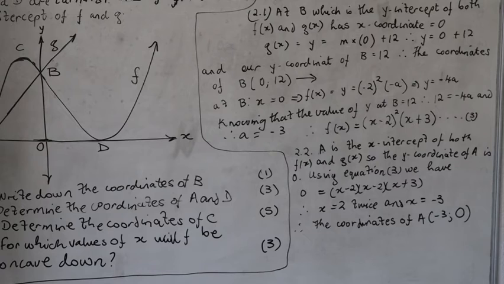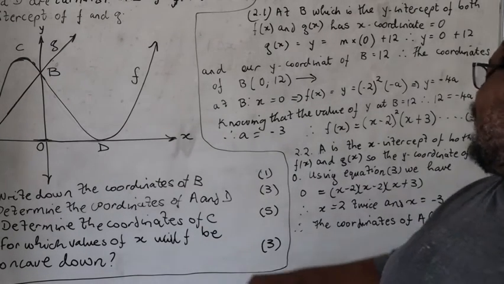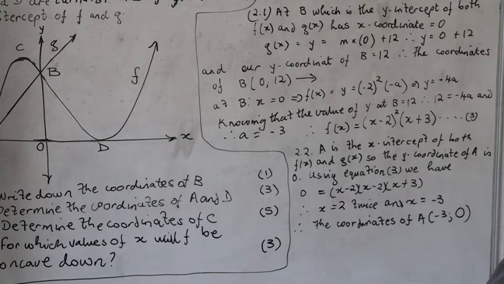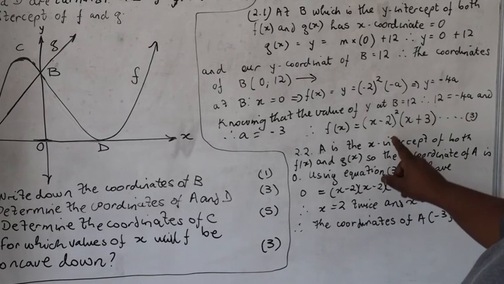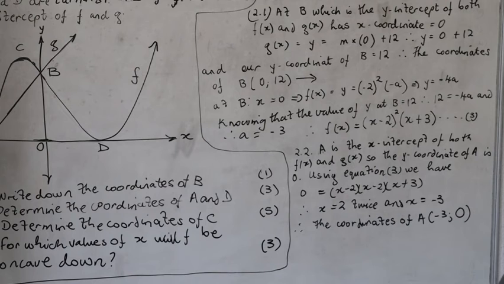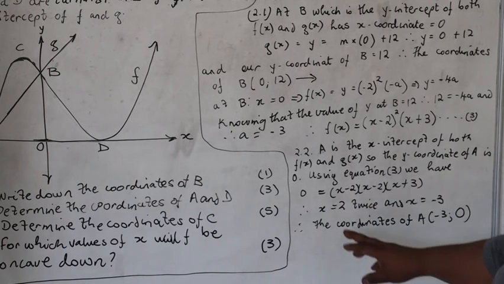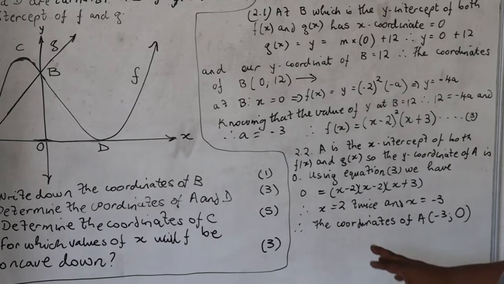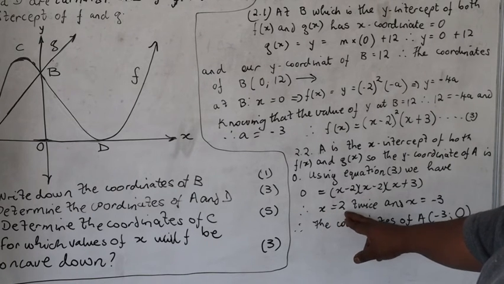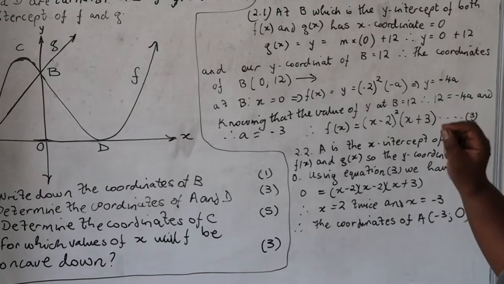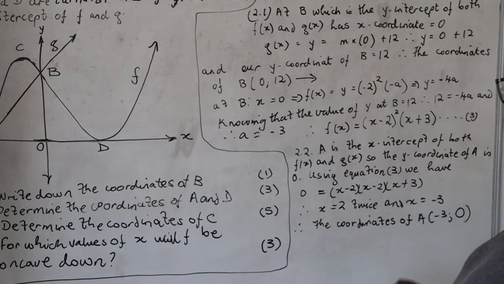So if we look at D, we have already determined the two other roots of f(x), and those two other roots are x is equal to 2 twice. Whenever you see a solution that is the same number twice, that means the graph just touches the x-axis at that point.